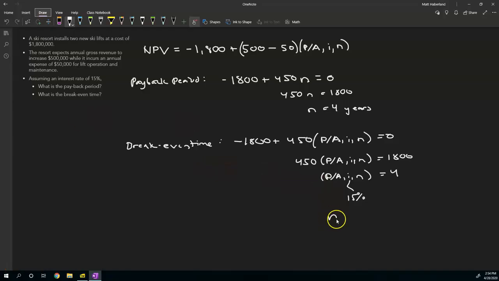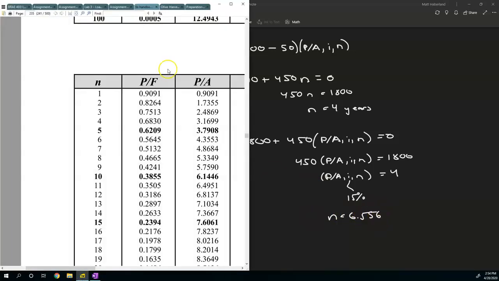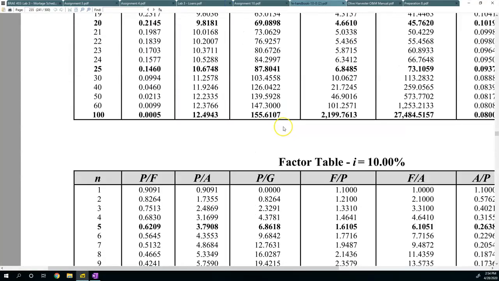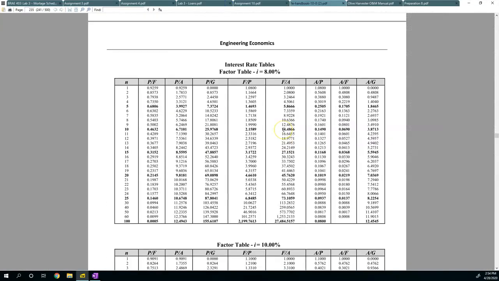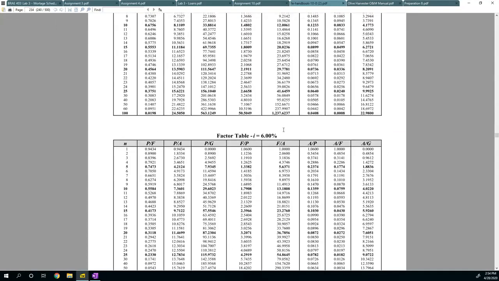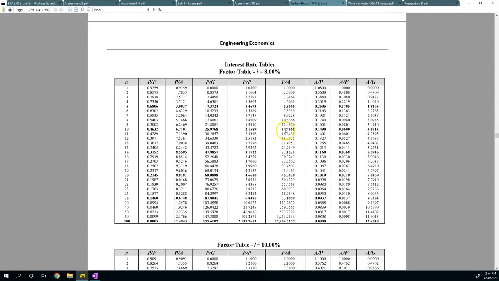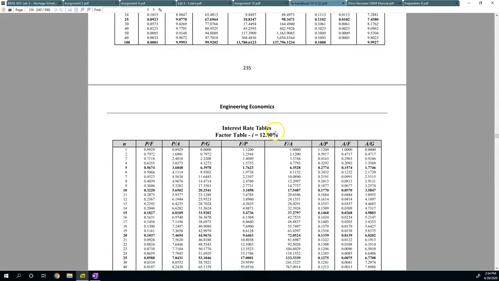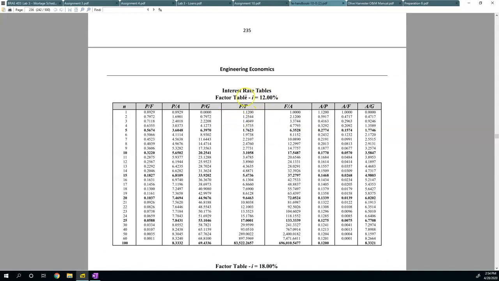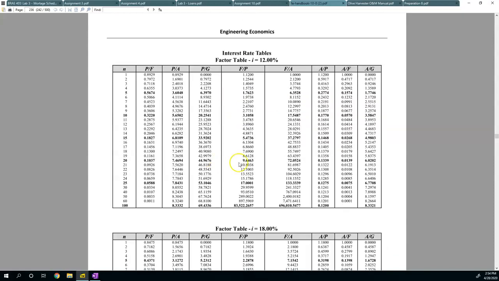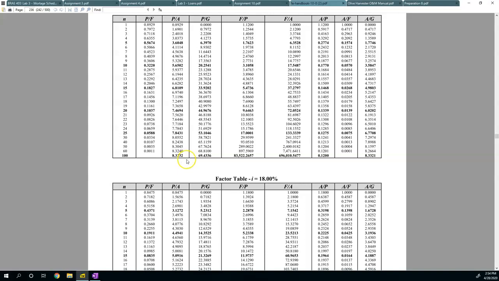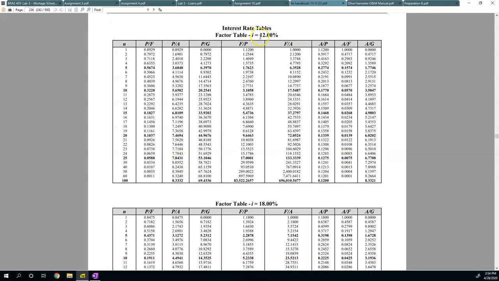So n is equal to 6.556. Another way we could have done that is by looking at our discount factor tables. If we were doing it on the FE exam, we would have found that for the 15% discount factor table, which isn't here, it would be really difficult actually. I think on the exam, you'd probably have a problem that gave you the proper discount factor tables.